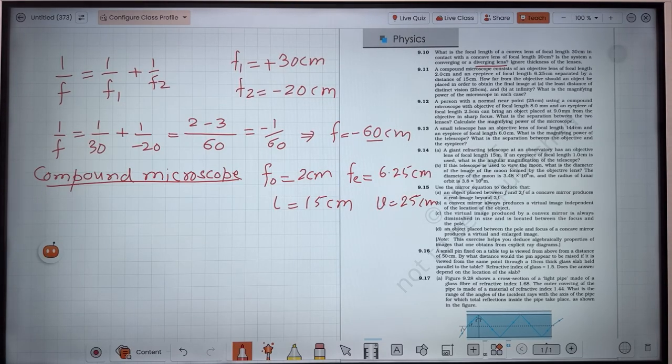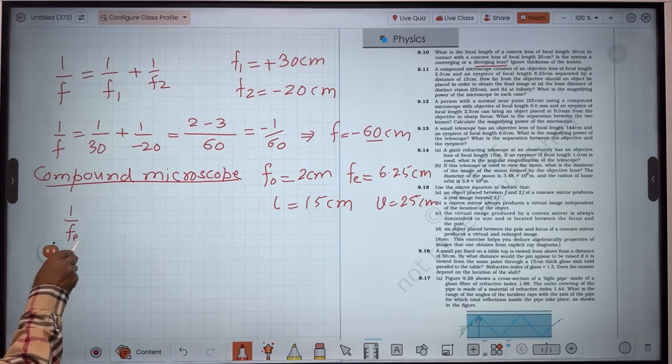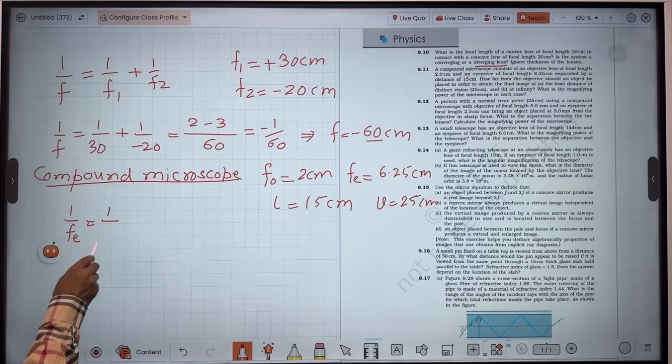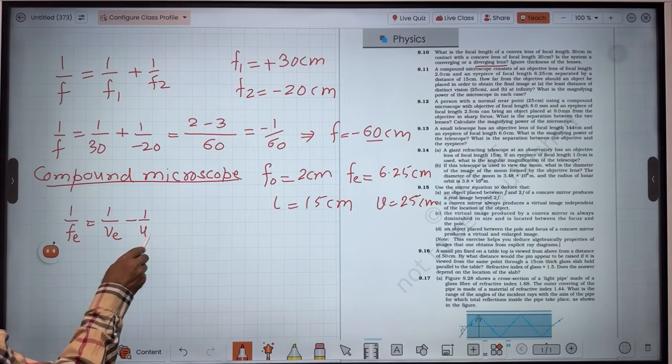So let's do the calculation for the eyepiece first. In case of the eyepiece, we can apply the formula: 1 upon FE is equal to 1 upon VE minus 1 upon UE, right?